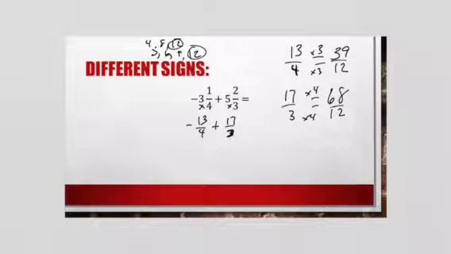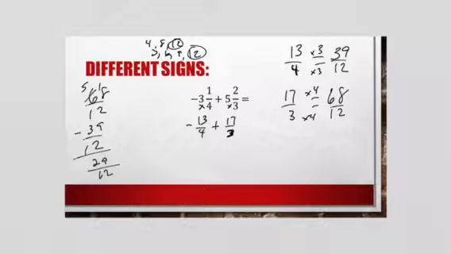So I'm supposed to be subtracting their absolute values. How will I do this? Well, I'm going to do 68 over 12 minus 39 over 12. And what's 68 minus 39? Well, I'm going to have to carry my 1. Get a 9 there, and 5 minus 3 is 2.